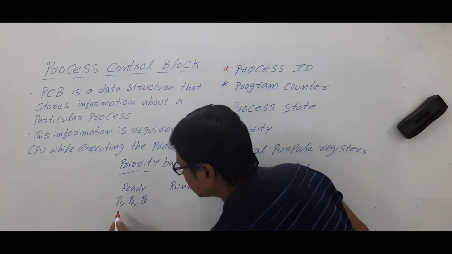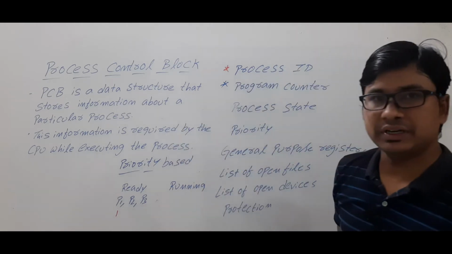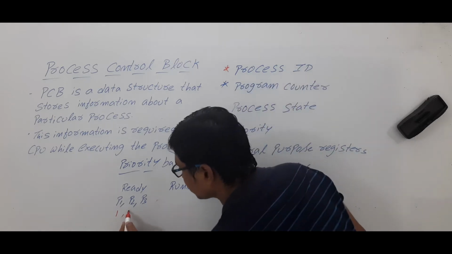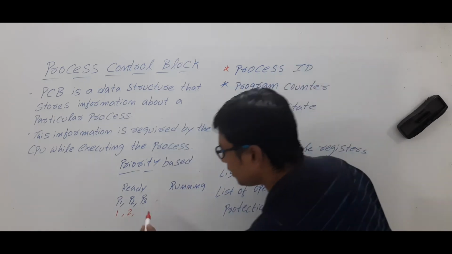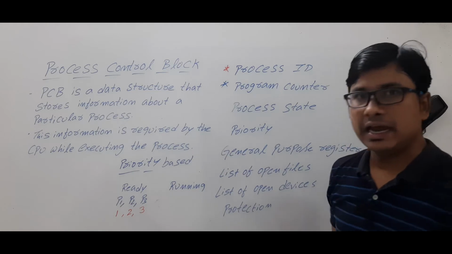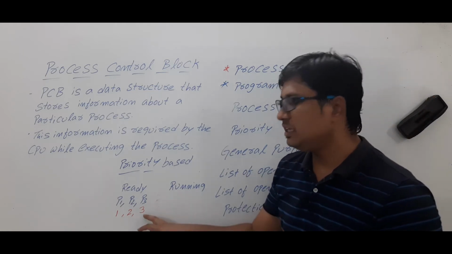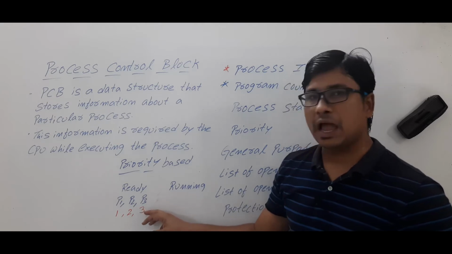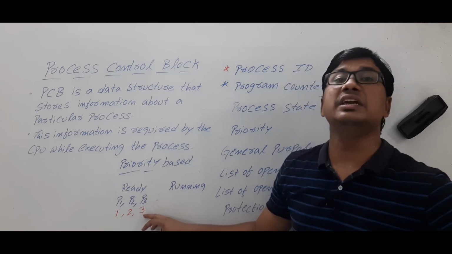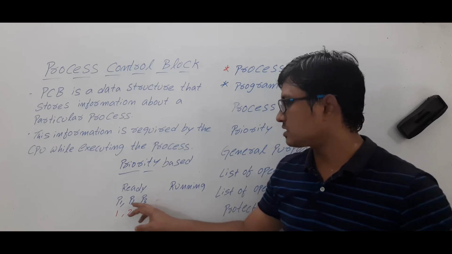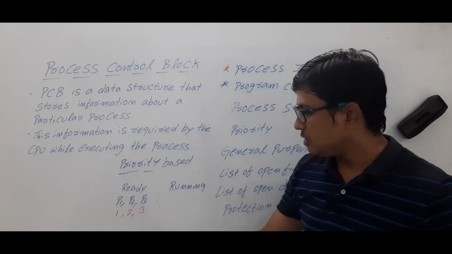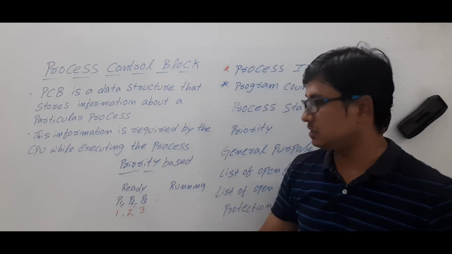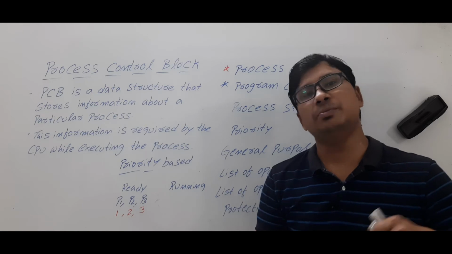Let's take the priority of process P1 as 1, P2 as 2, and P3 as 3. Let's consider that 3 is the highest priority, meaning the process having the value 3 has the highest priority compared to P2 and P1. So the lowest number means that the process has the lowest priority.